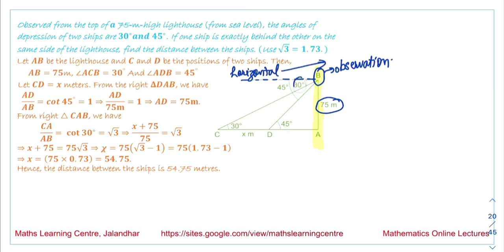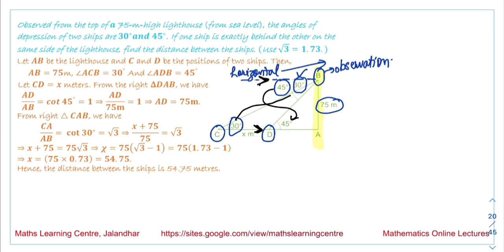The angles of depression are 30 degrees and 45 degrees for the two ships at the points C and D. So if this angle is 30 degrees, then this angle is also 30 degrees, because this horizontal line and this line are parallel to each other. So these two angles are equal to each other. Similarly, these two angles are equal to each other.